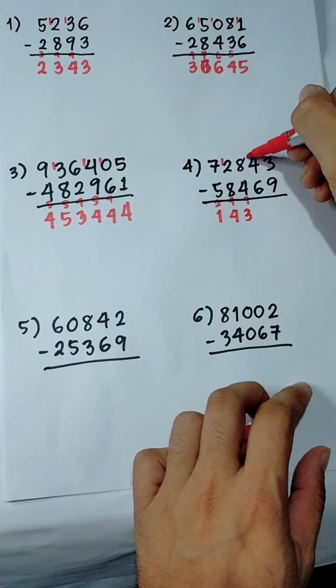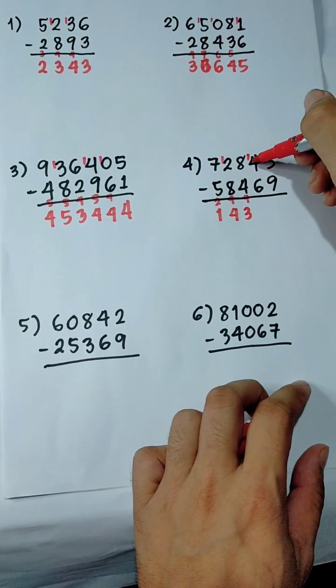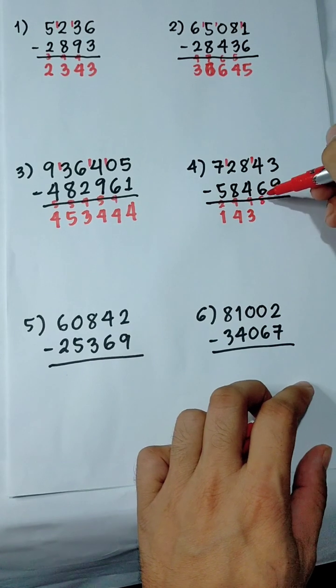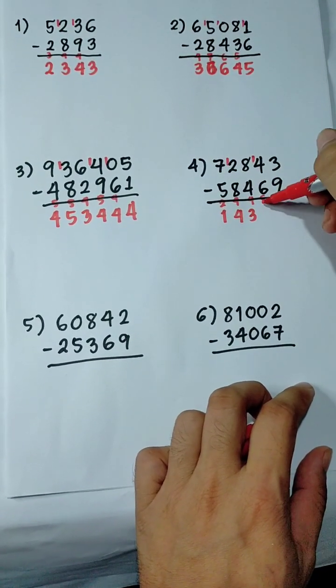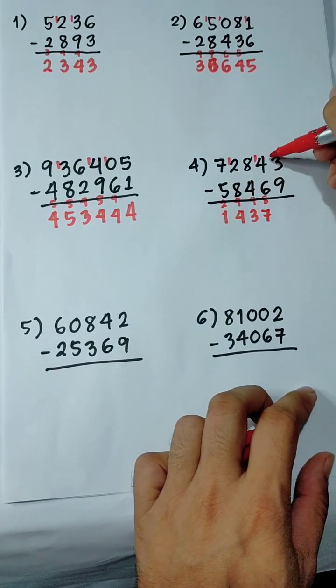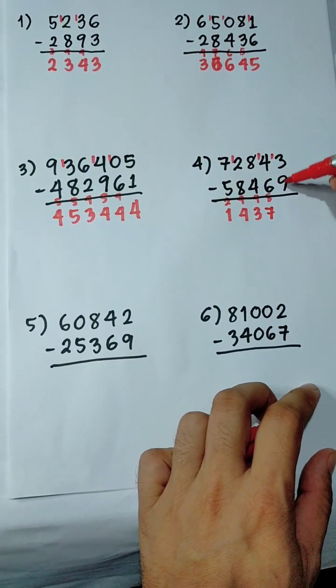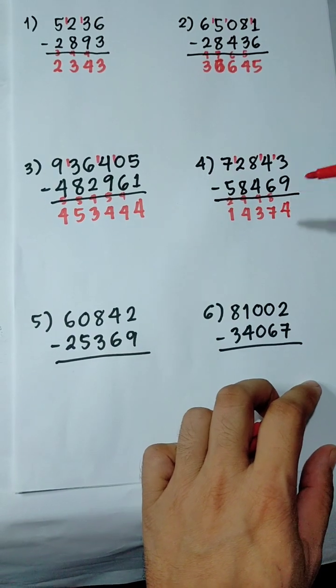This is now 3. Put the one we borrow here. And 14 minus 6, that is 8. The next column can't be subtracted, so we borrow 1 from 8. This is now 7. Put 1 here. 13 minus 9 is 4.